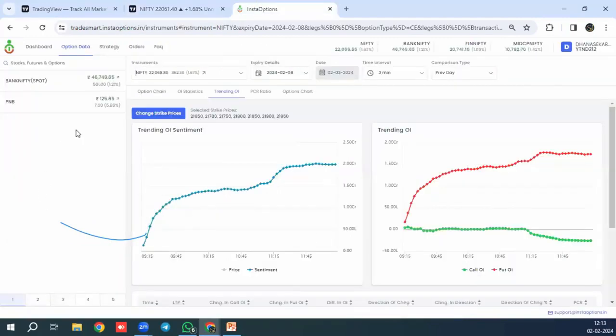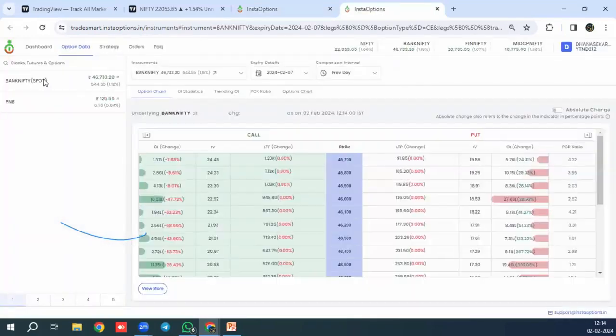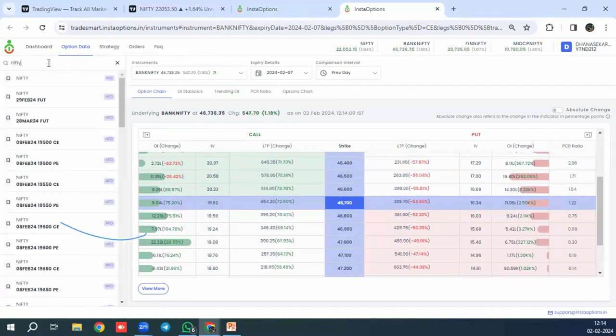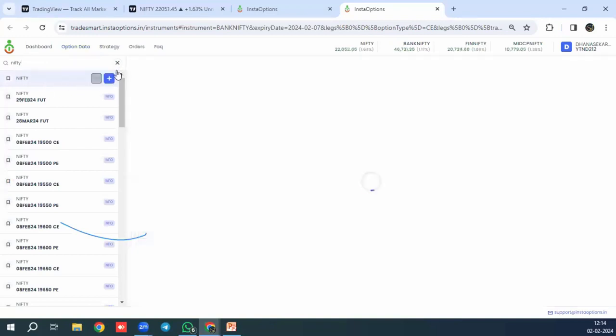Actually, we don't have to go to TradingView also. We can just see here. Just because it will be easy for me to toggle, I'm showing you TradingView. I'll just open one more. We can see the charts here as well.